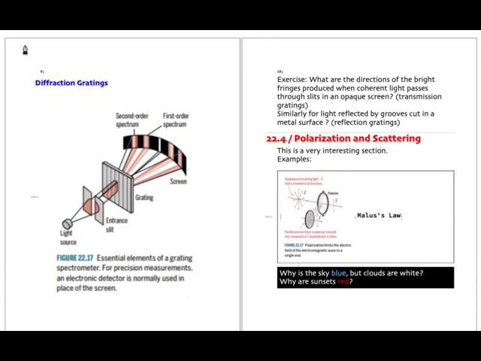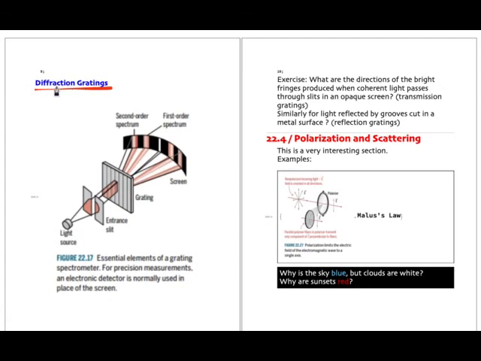Now, we saw an example of diffraction of light passing through a razor blade or passing around a razor blade. And that's not anything very useful or practical, but there's an example in a textbook of something which is extremely useful and practical, which is diffraction gratings.